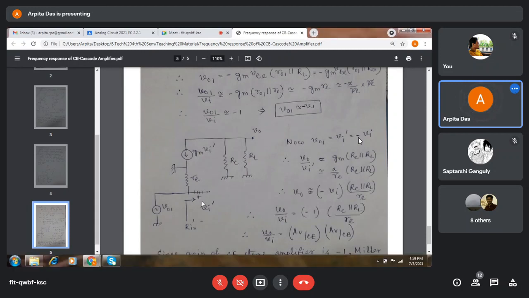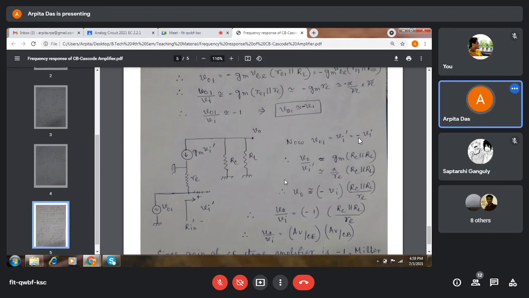So what will happen? What is the ratio of VO by this VI prime? VO is actually gm into VI prime into this RC parallel RL with a minus sign.